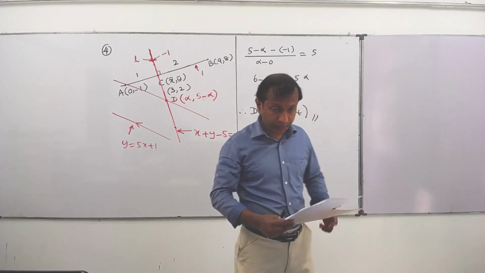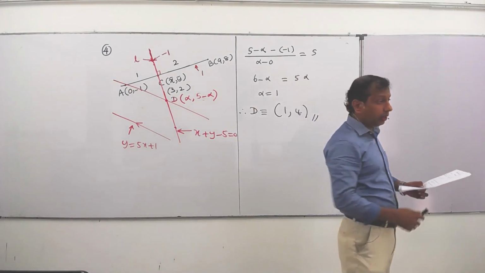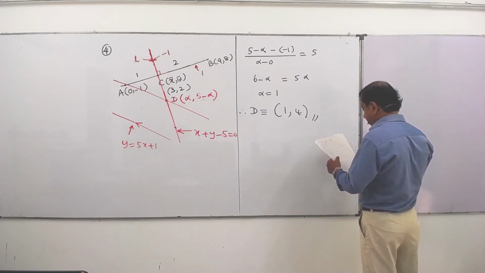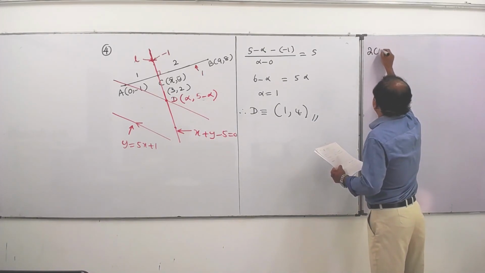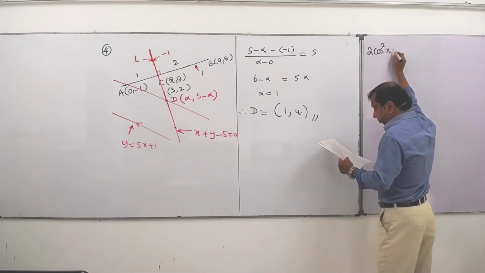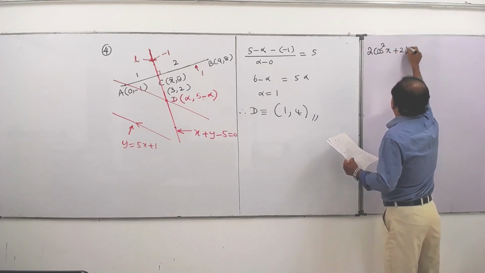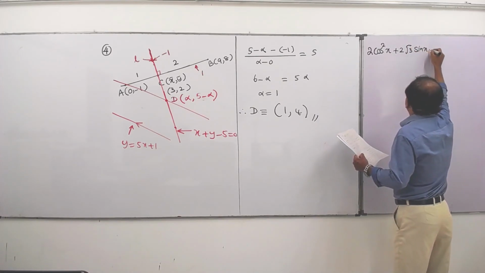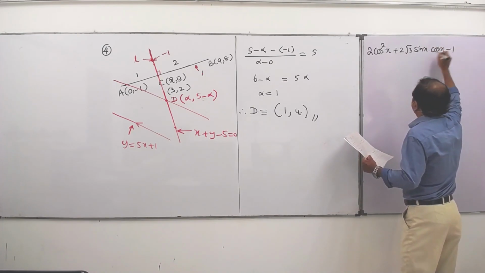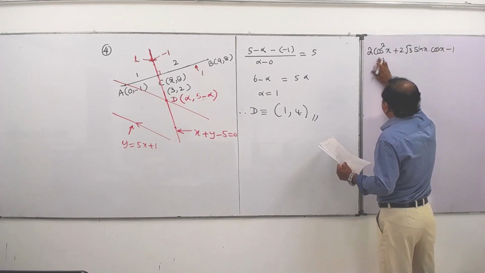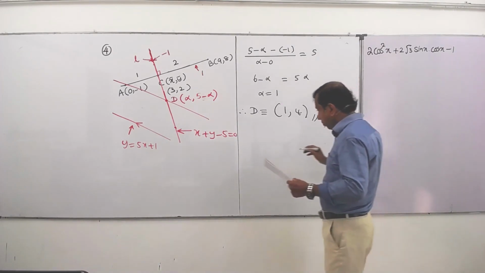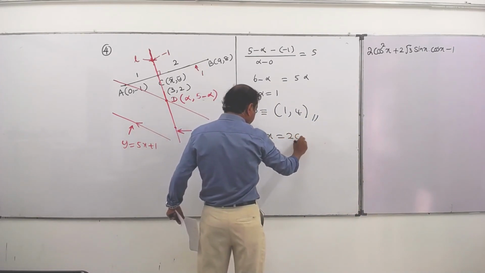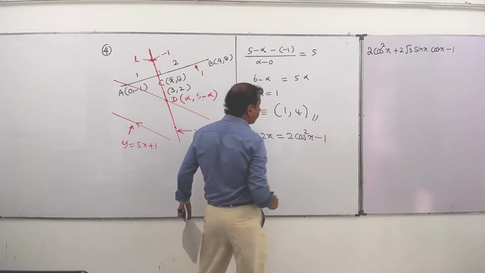Okay, right. Now, we can take it like this: 2 cos squared x plus 2 root 3 sin x cos x minus 1. Right, people, this cos squared x, I can replace this way. We know cos 2x has the formula 2 cos squared x minus 1.